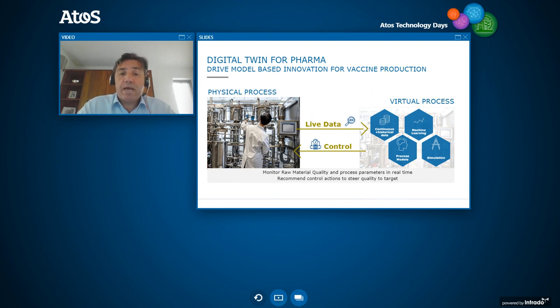But in this way, I would in real time be able to monitor the process by doing some virtual predictions. Together with that, we are also using a DLS instrument in order to define, for this case, PSD, particle size distribution, is an important critical quality attribute for our final product.